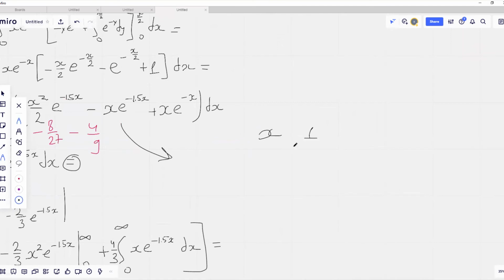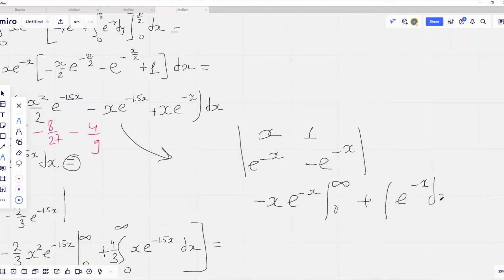Derivative of x is 1, e to the power of minus x. Integral of that is minus e to the power of minus x. So this is then, we have uv, x times minus e to the power of minus x. So we already know that this will go to 0. And plus integral e to the power of minus x dx from 0 to infinity.